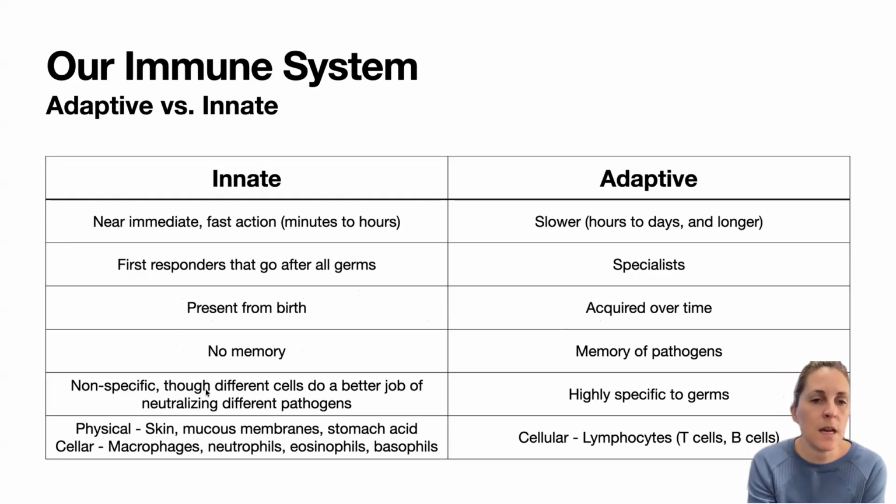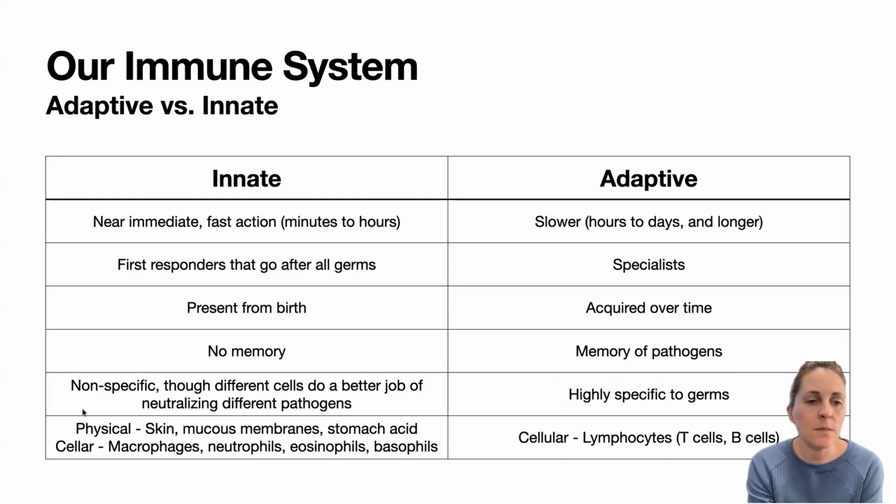The innate immune system has no memory, whereas the adaptive immune system is what we talk about when we say immunological memory. The innate immune system is nonspecific, and different cells, though, do a much better job at neutralizing different pathogens. So we have some cells that are much better at taking care of viruses, some cells that are better at bacteria, and others that are better at parasites. The adaptive immune system is highly specific to its target.